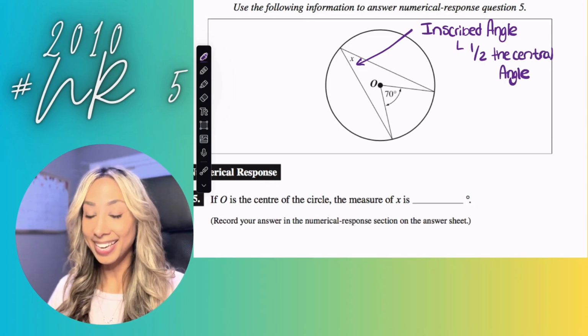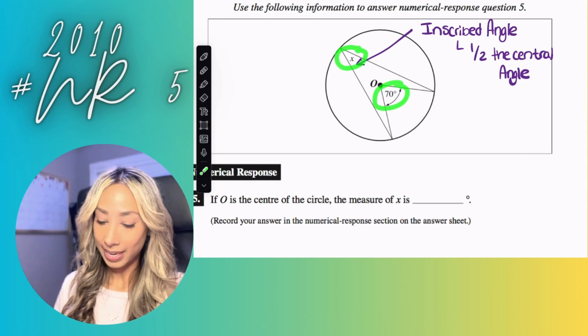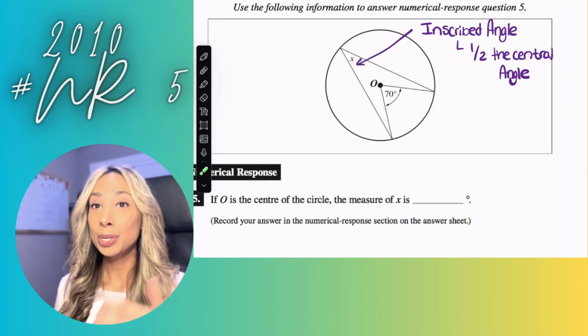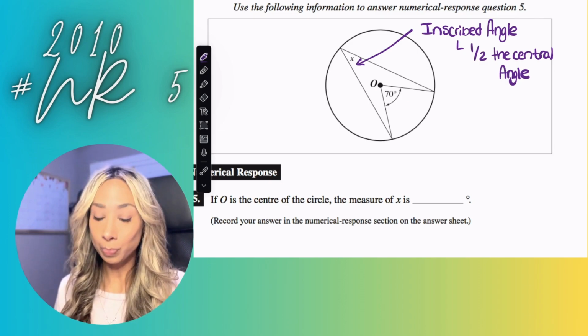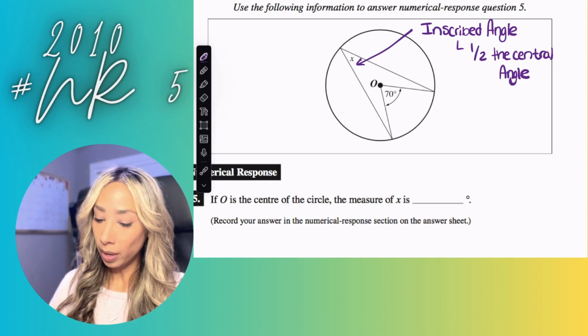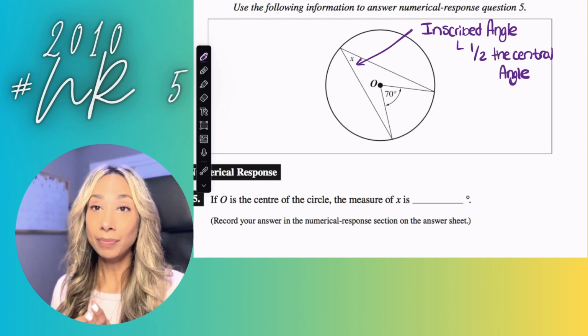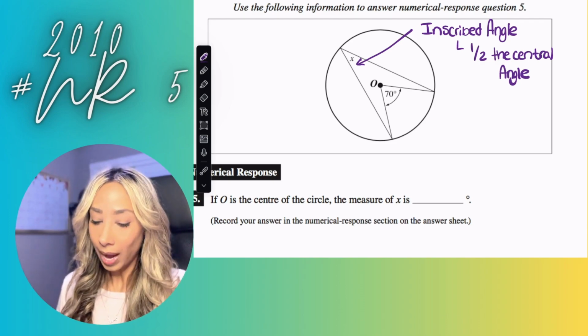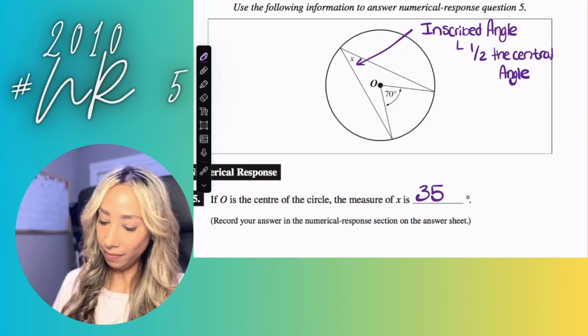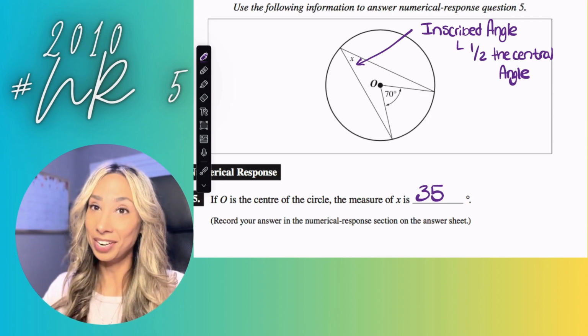You can say the central angle is double the inscribed angle. So then in this case, once you know the rule, it becomes a little bit easier. Well, if this angle is 70 and the inscribed angle is half, we have to find out what half of 70 is. Well, half of 70 is going to be 35. So that tells us that x is 35.